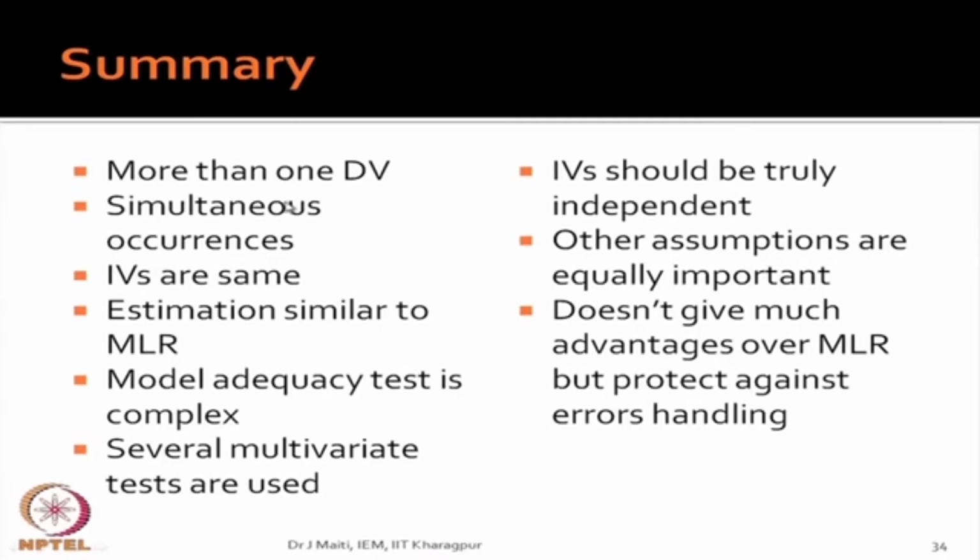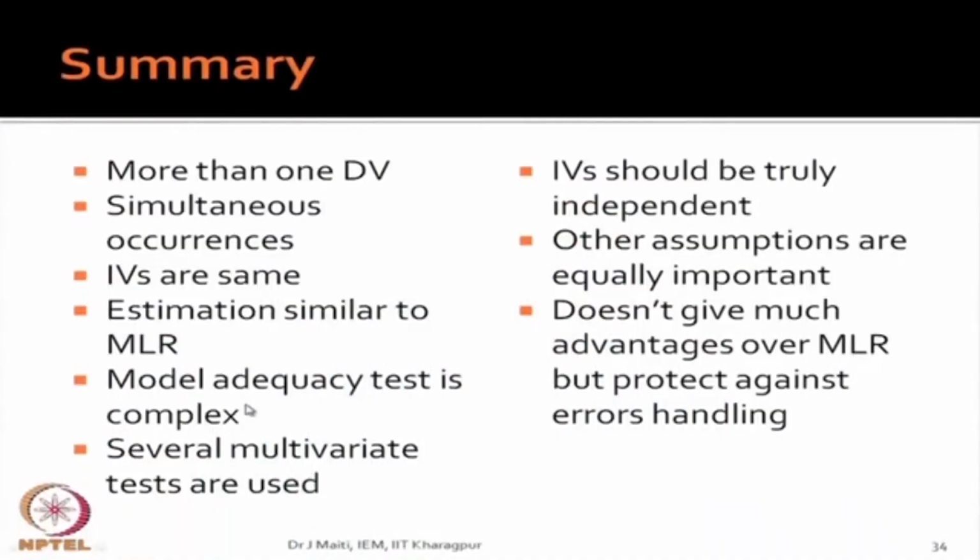The multivariate normality, equal covariance structure and other assumptions you have to test. From the estimation point of view, it is similar to MLR. Model adequacy testing is complex because you are going for a likelihood ratio test, and there are different tests identified: Pillai's trace, Wilks' lambda, Roy's greatest root, and Hotelling-Lawley. Several multivariate tests are there.